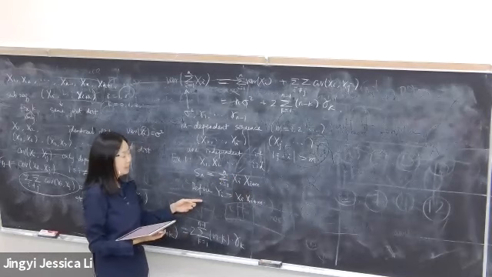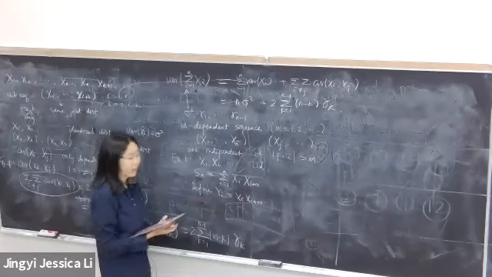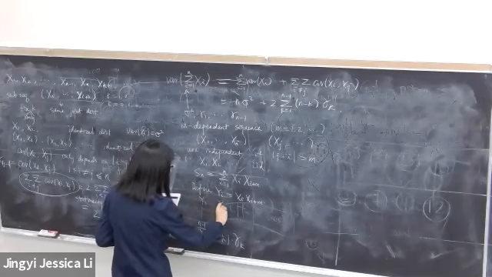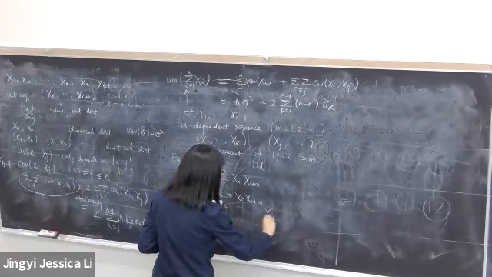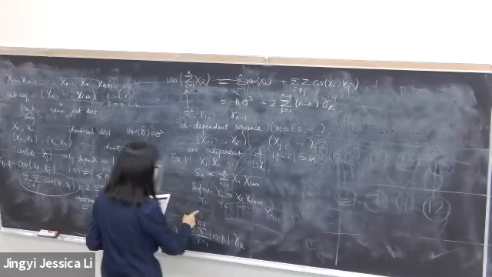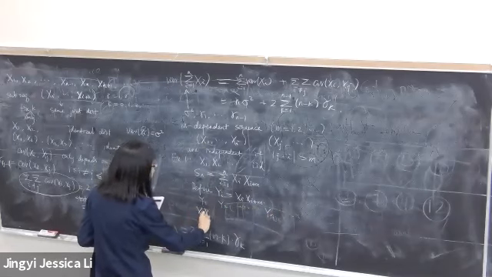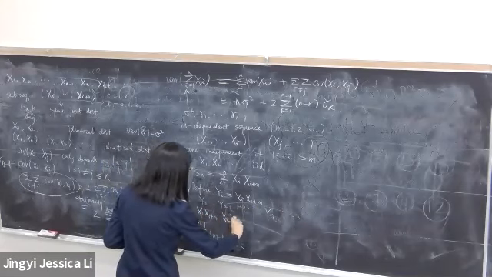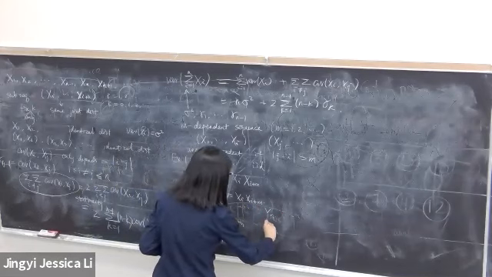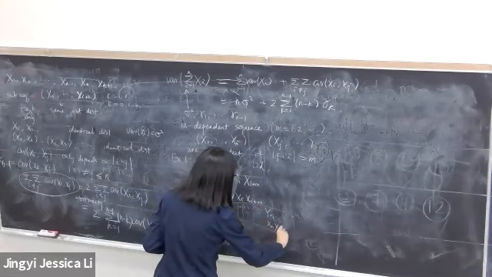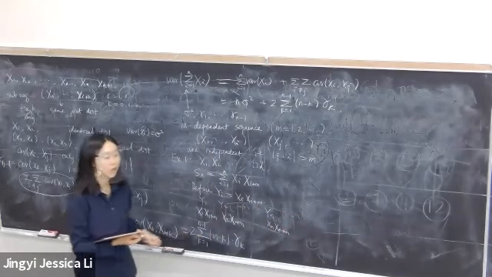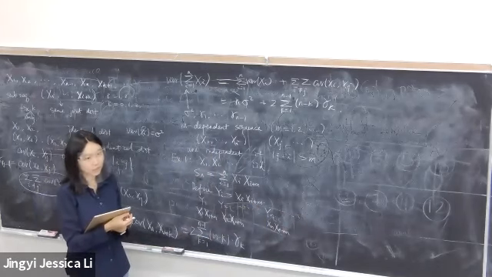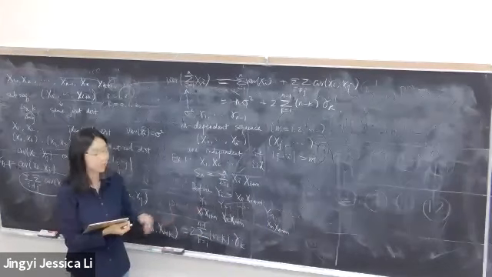Then if we write out the sequence of Yi's, what would they be? Y1, Y2, Yn would be x1 times x1 plus m, x2 times x2 plus m, and so on. So the question is, do we have independence in this Yi sequence?